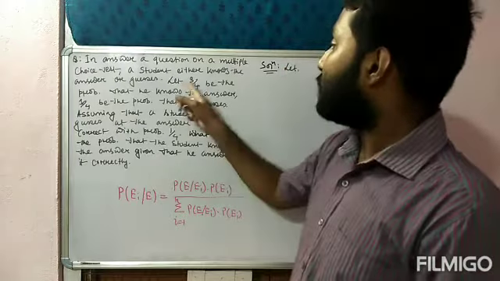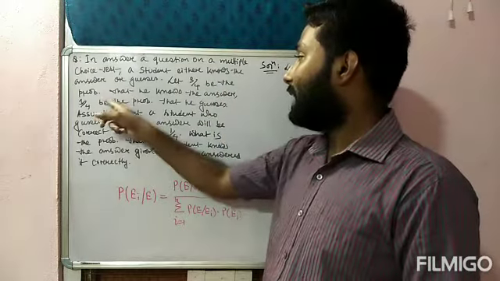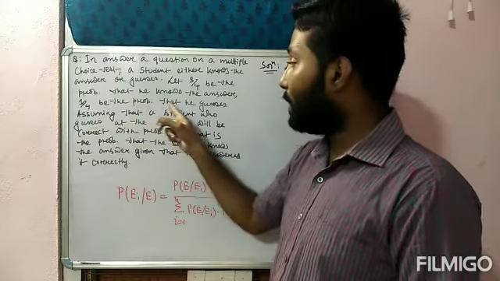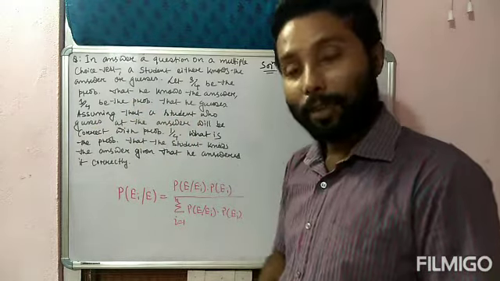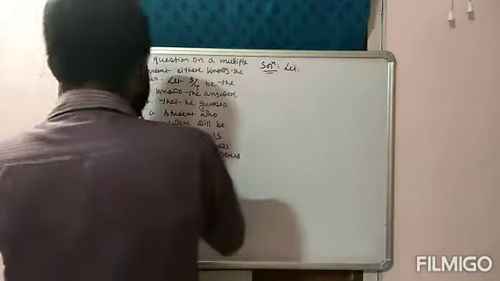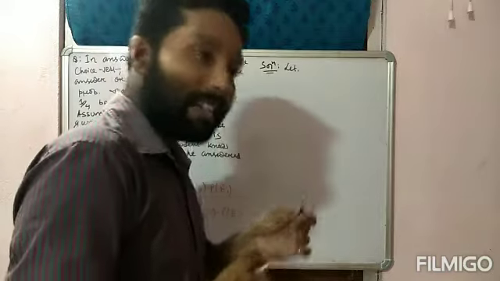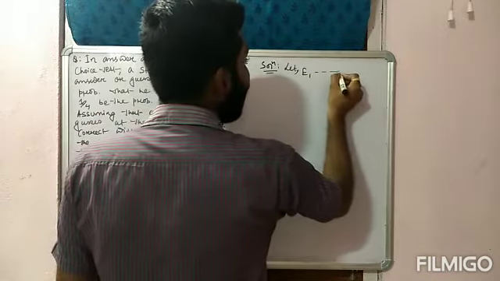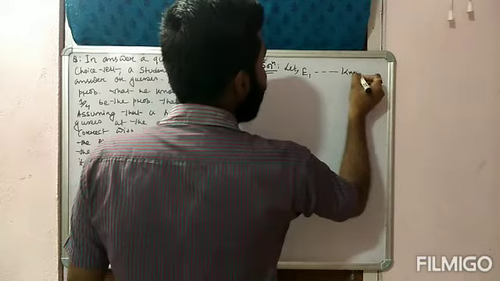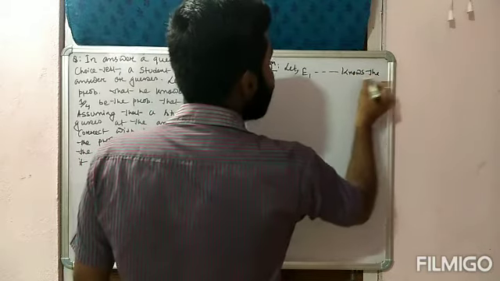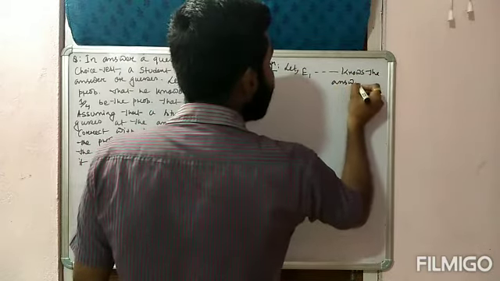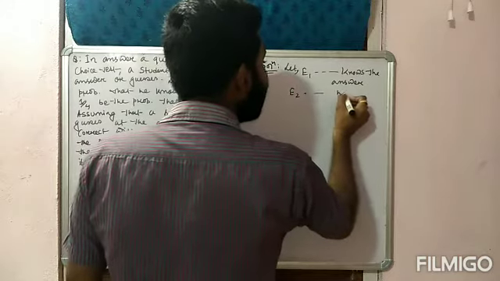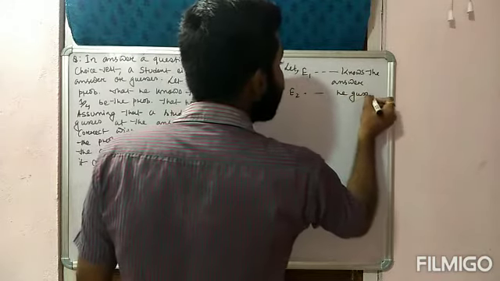Okay, let 3 by 4 be the probability that he knows the answer and 1 by 4 be the probability that he guesses. Okay, so since now up to here it is confirmed that there are two events, first of all write down those two events. Let E1 be the event that the student knows the answer and E2 be the event that he guesses.